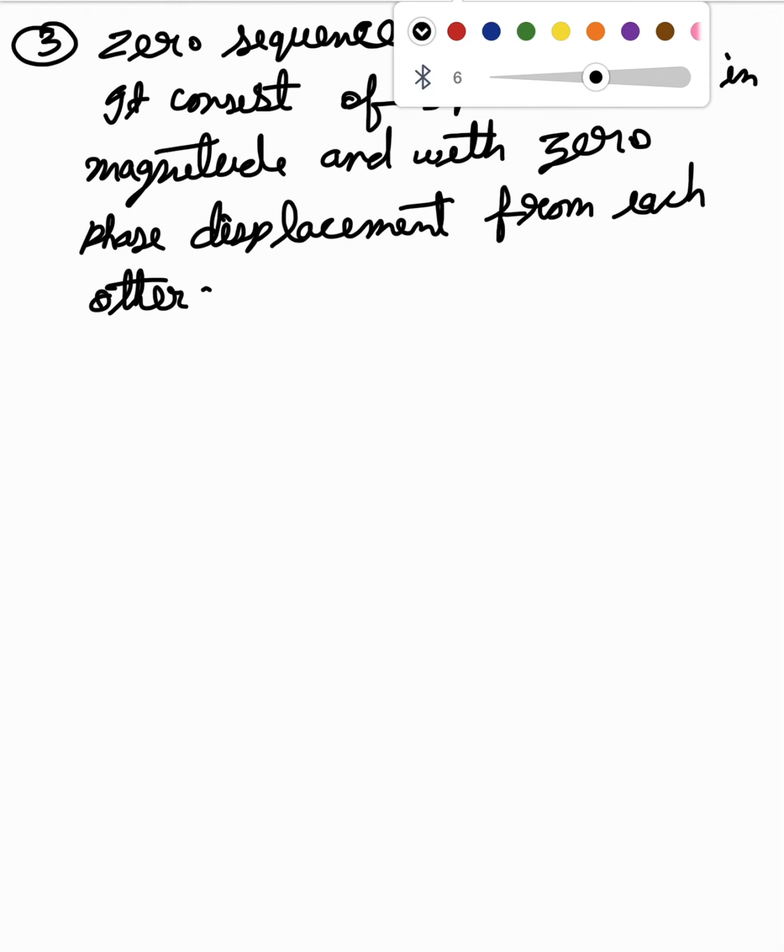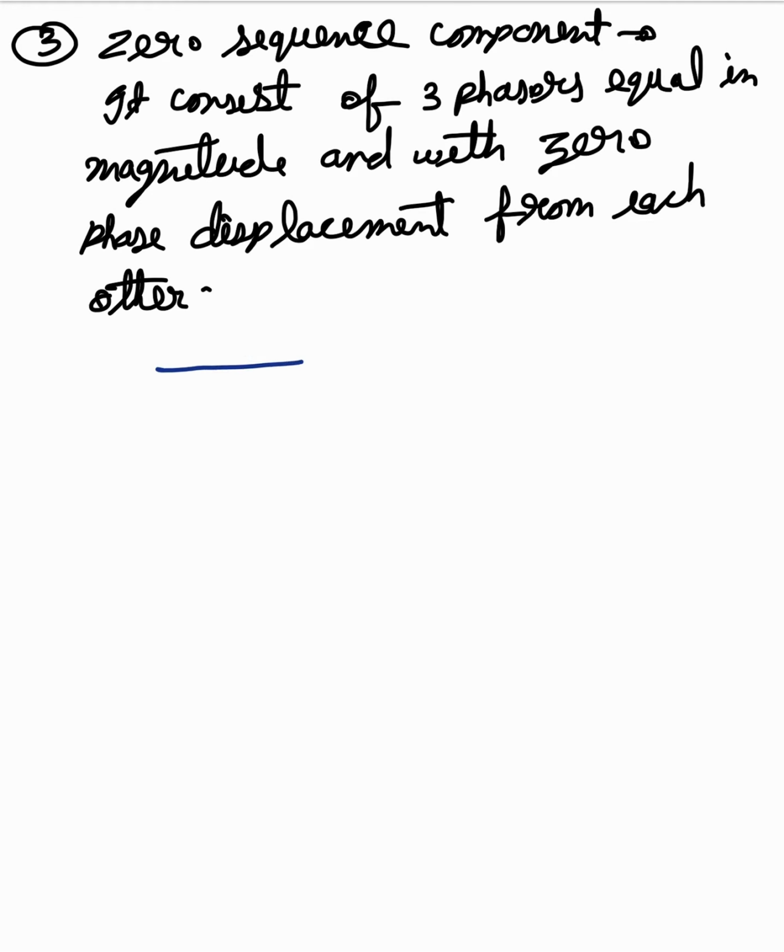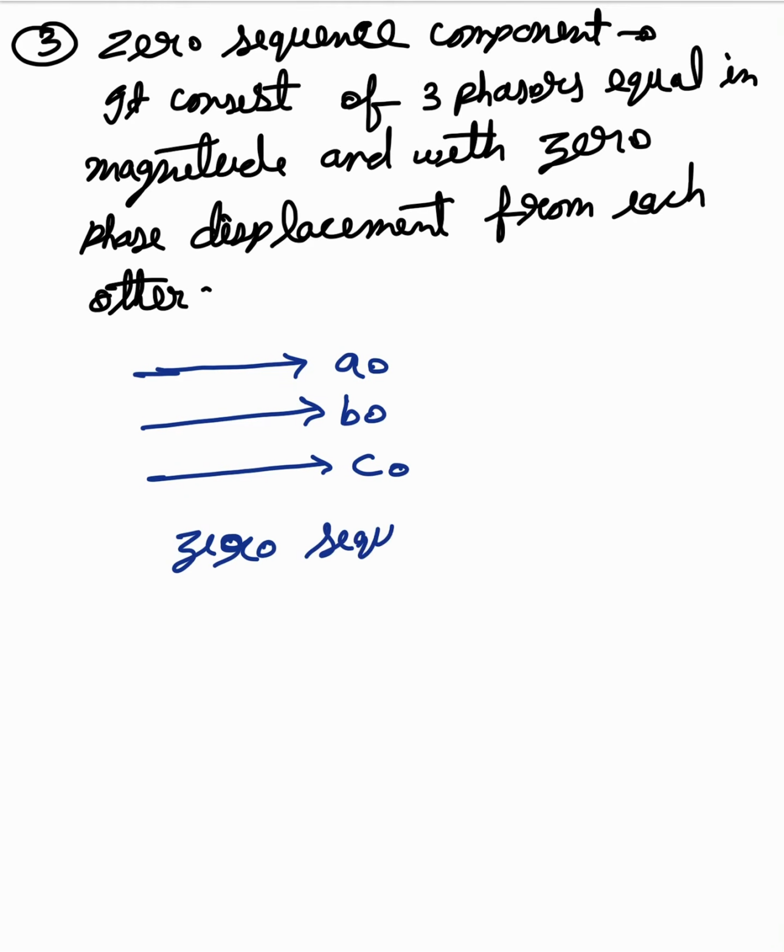So this one is the zero sequence: A0, B0 and C0. Because the phase displacement is 0 degrees, there is no angle between them. This is the zero sequence component.